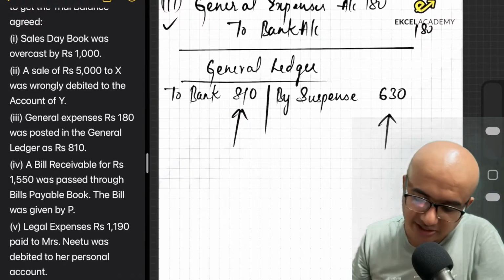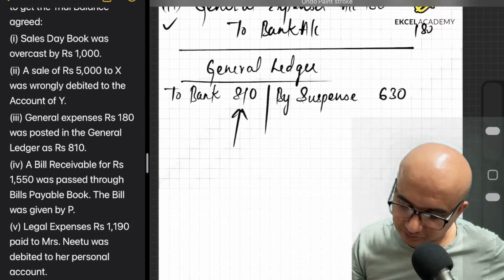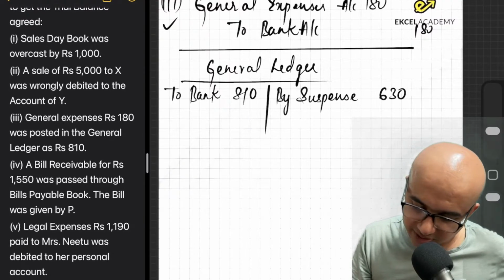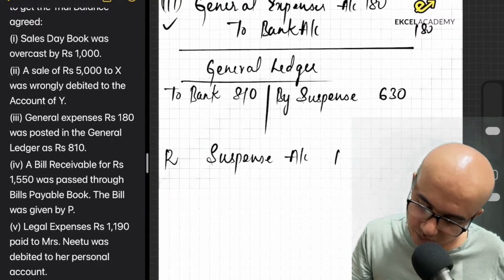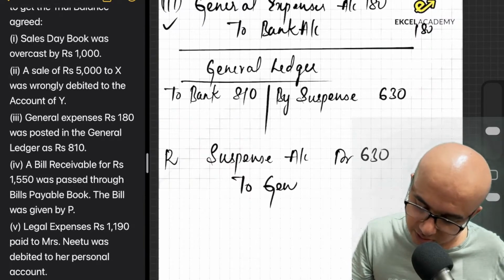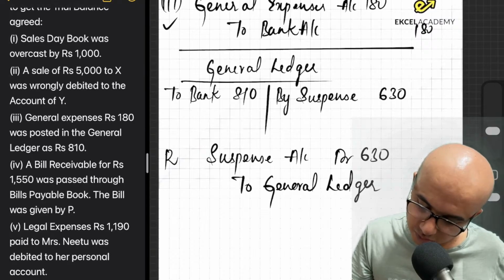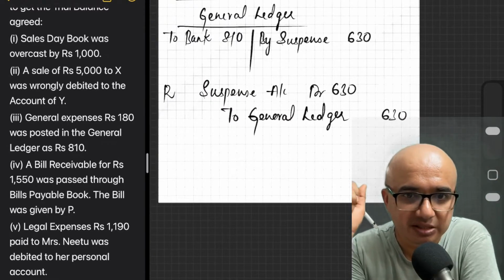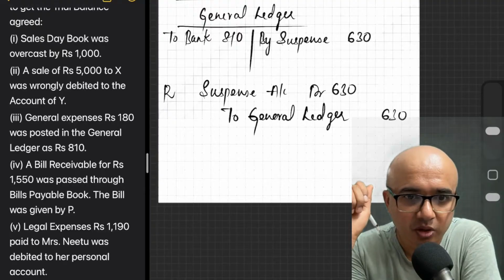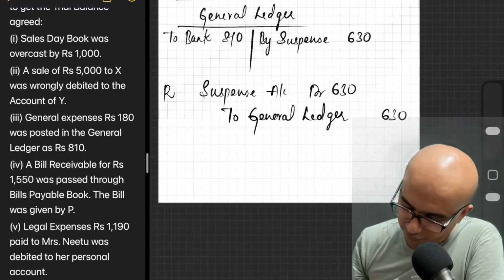So the rectification entry in this case would be: suspense account debit 630 to general ledger 630.